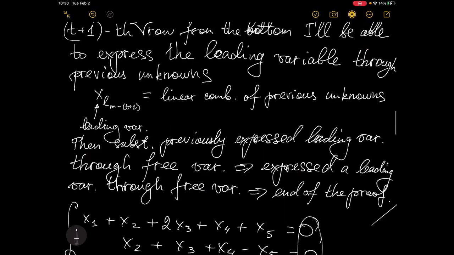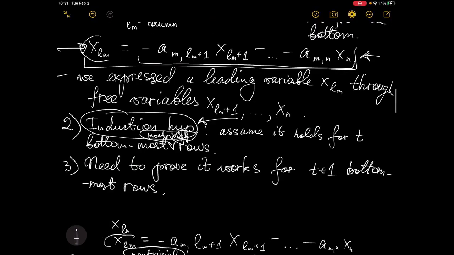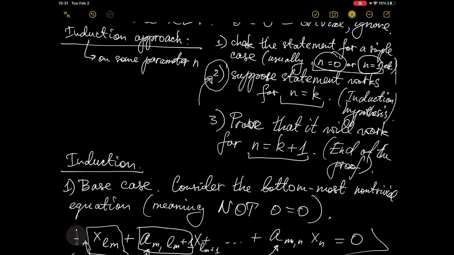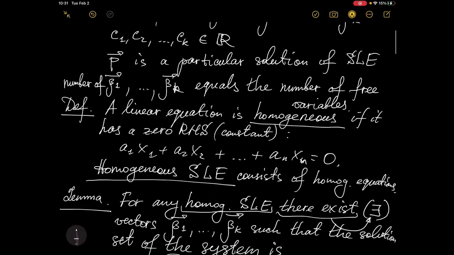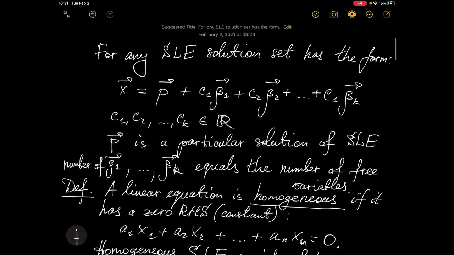Of course, if you don't have free variables, then obviously your homogeneous equation will give you just the trivial solution, which means that it will be only zero. But if you have free variables, then correspondingly your solution will be this.